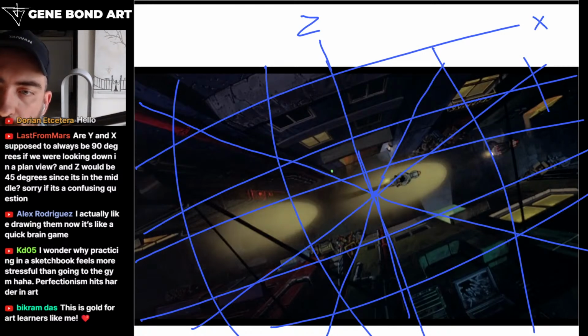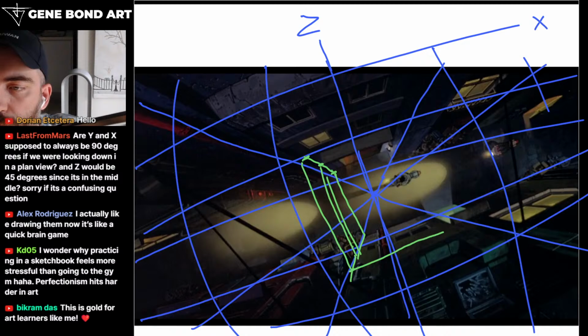So here, this will be one of my measures, for example. Here will be half of it, and I can transfer it around this full height, move around here.